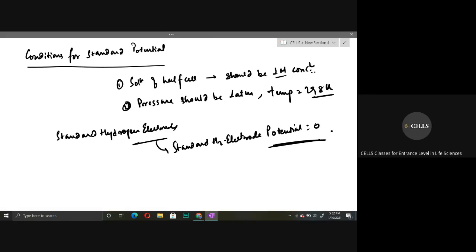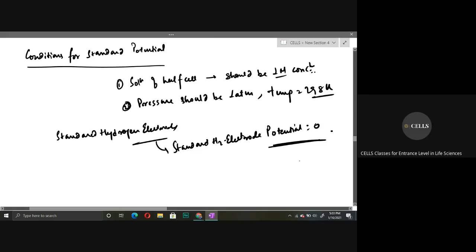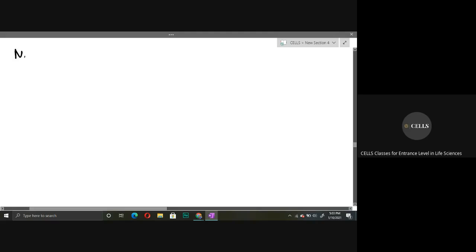Now there is another equation in the case of these electrochemical cells, and that equation is really important because they will ask questions from it as well. That equation is known as the Nernst equation.